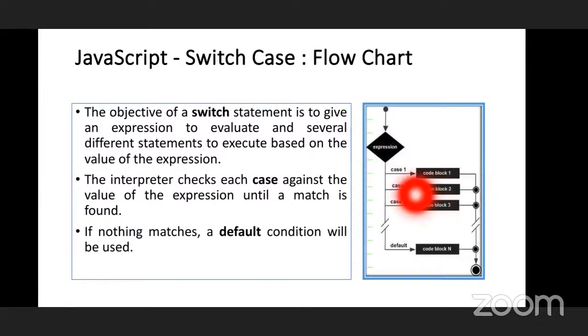If that is false, again it's going to check the case 3 value and so on. So how many cases you want to write, that many cases you can write. Finally, the default case: if all these cases are not matching with the switch expression value, in that case, the default case will be executed.